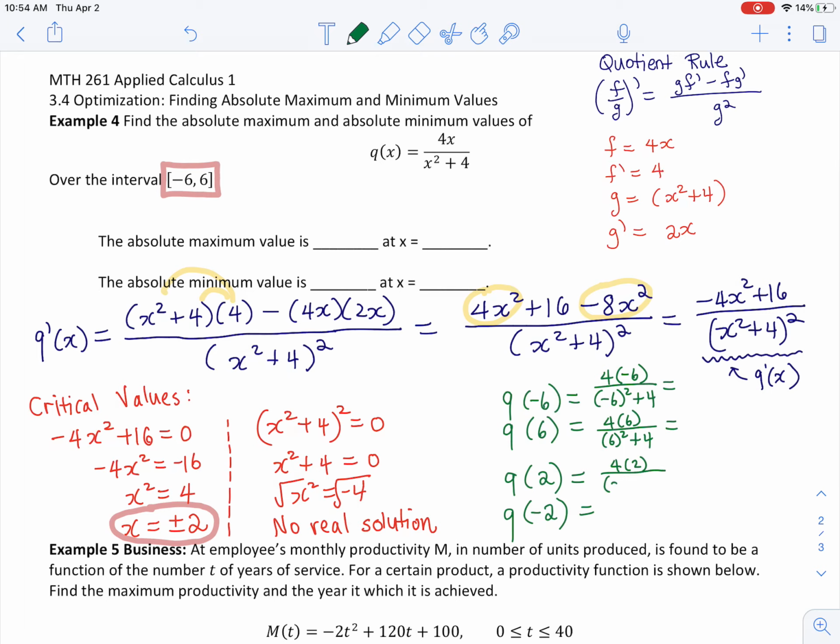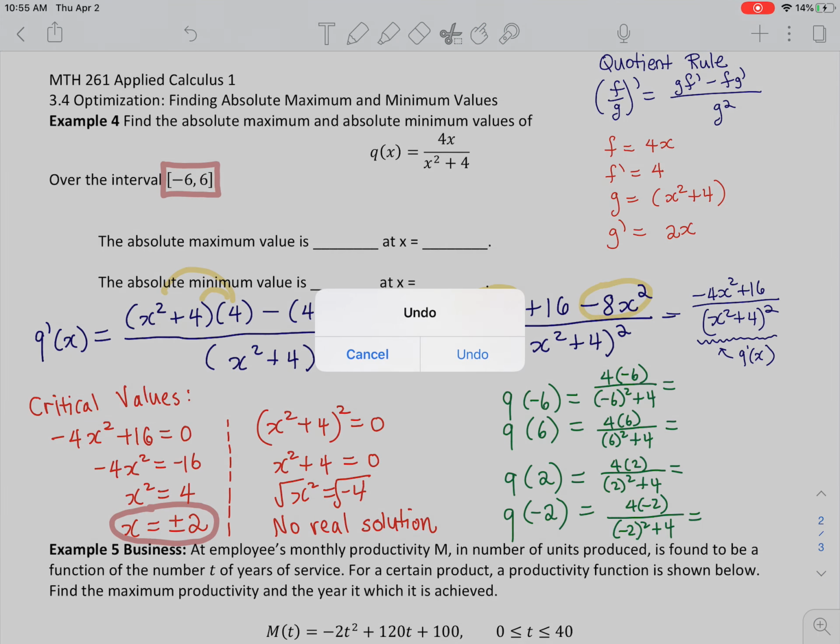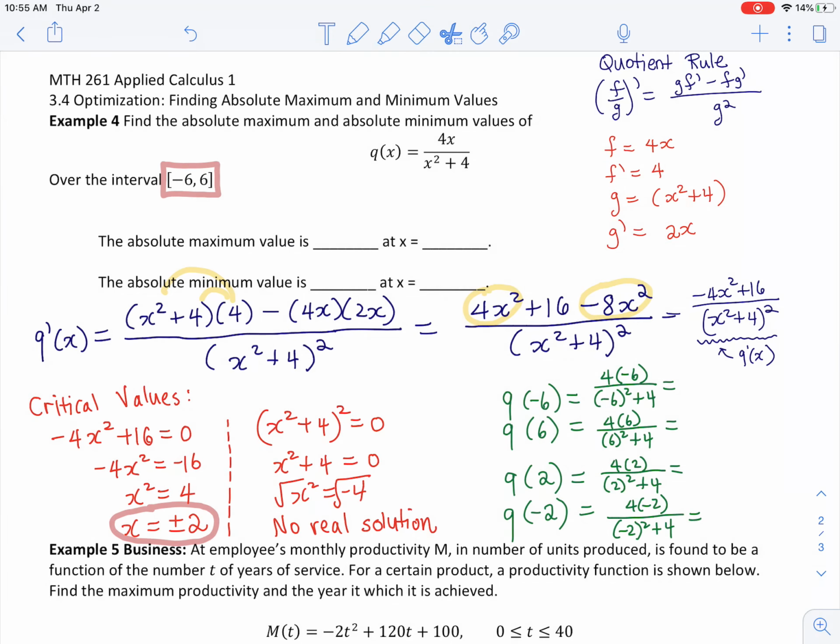I know you're doing this on your calculator already, but I want to write it because sometimes I'm typing things incorrectly if I'm not looking at something. Okay, I am about to go to my scientific calculator and type all these, and you do the same thing too.